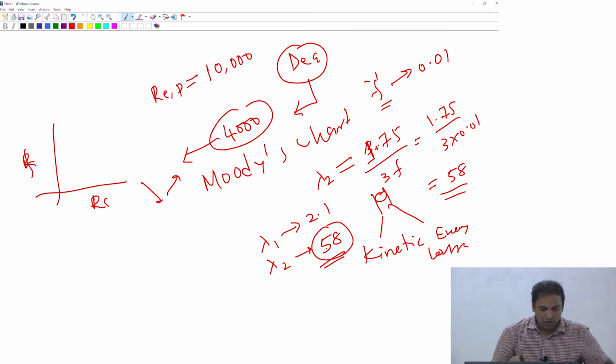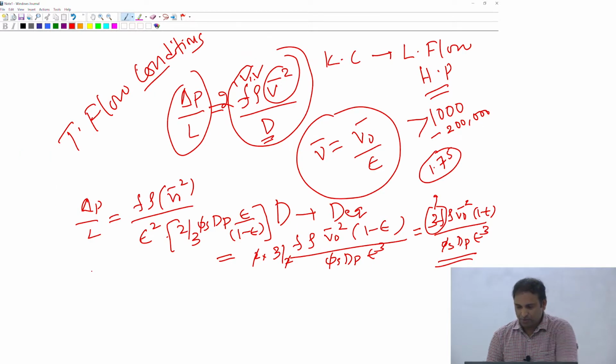So when we looked up here, when we did this, 3 times f rho v naught bar square, 1 minus epsilon divided by phi s dp and epsilon cube, that is for a straight pipe. But of course, I would have to have a tortuosity factor lambda 2.